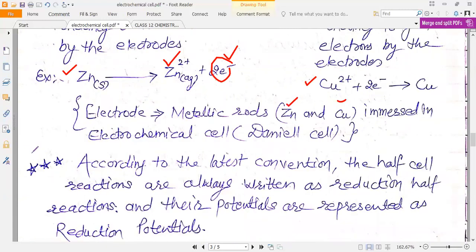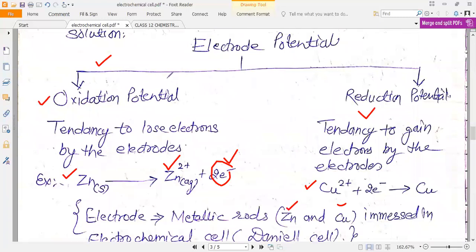And this is a very important point, dear student. Nowadays, oxidation potential is also considered as reduction potential. This means the oxidation potential of any electrode is written in the form of reduction potential.